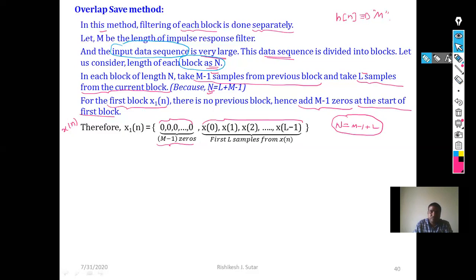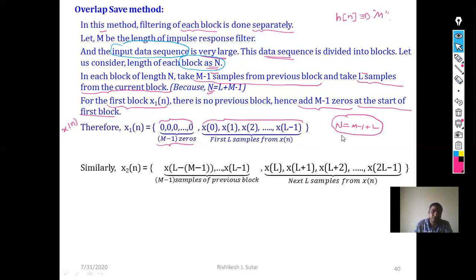Let us go towards the next block. Now I take M minus 1 samples from the previous block, that is, from this first block, and I consider those M minus 1 samples here.